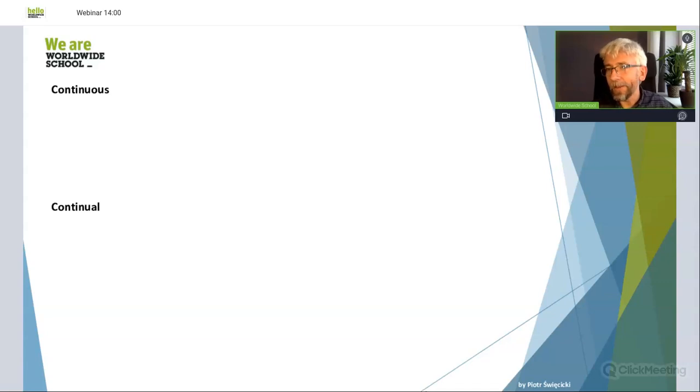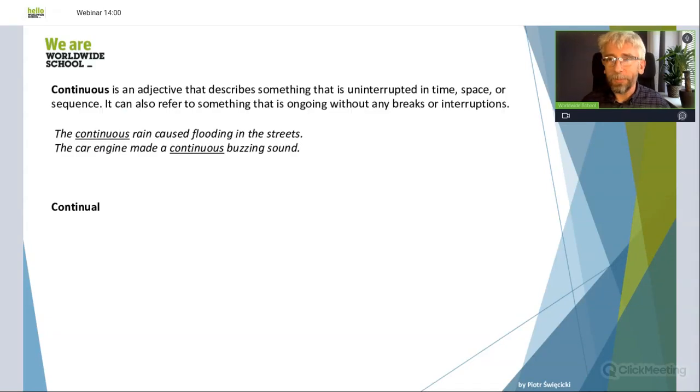This one is hard, I have to admit. Also because almost every dictionary gives the same translation, which is ciągły, right? So in English, it's more precise. Now, try to focus.